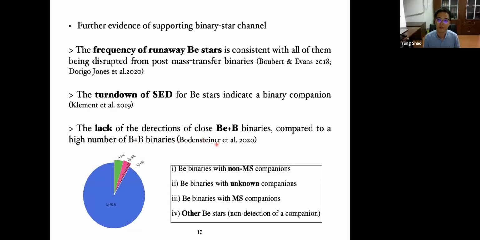However, until now, none of such B plus B binaries have been detected. So until now, more and more evidence supports that binary interaction will dominate the formation of B stars.